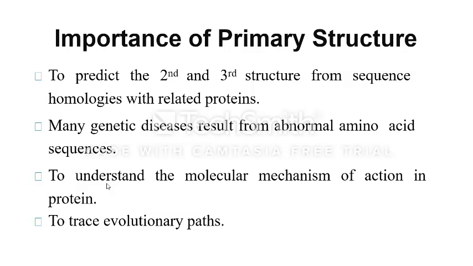Number one, they are very important to predict secondary and tertiary structure from the sequence homologies with related proteins, because secondary and tertiary structures are made up of primary structure. So if we know the primary structure of the protein, then we can move towards the structure prediction of secondary and tertiary structures.